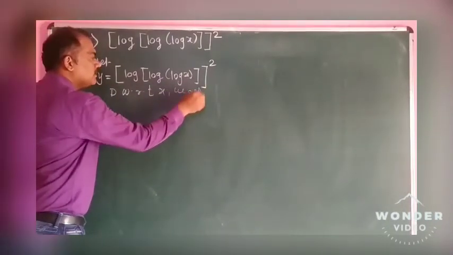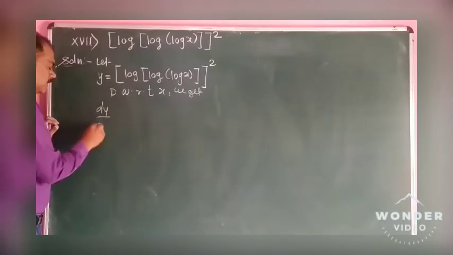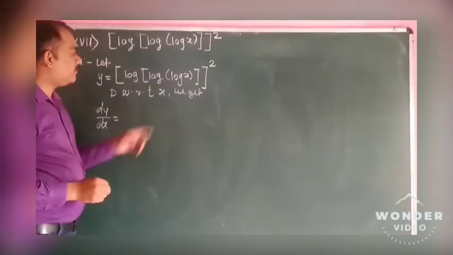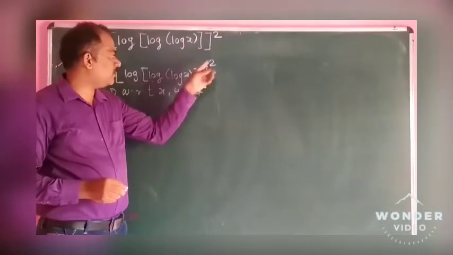We get dy by dx is equal to, first of all, we have to use the derivative power function formula. Here the power is 2.